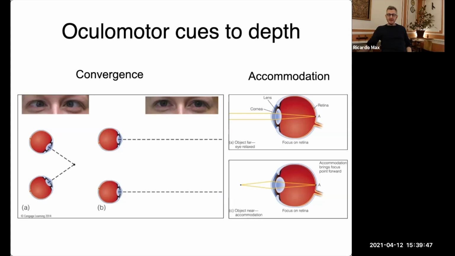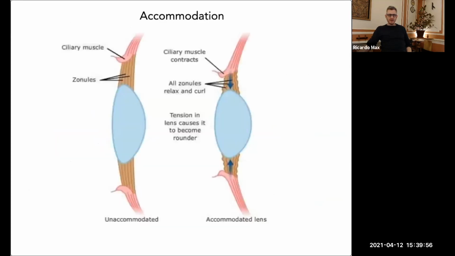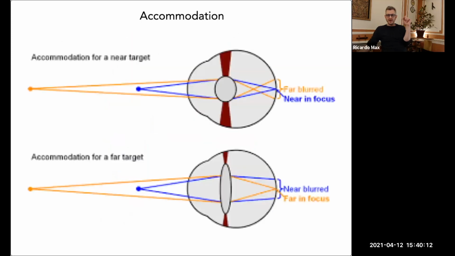Accommodation, I'll explain soon. Accommodation is a consequence of ciliary muscle contraction, which is involuntary. What they do is squeeze our lenses. When the lens is squeezed, it deflects light more than when it's not squeezed.